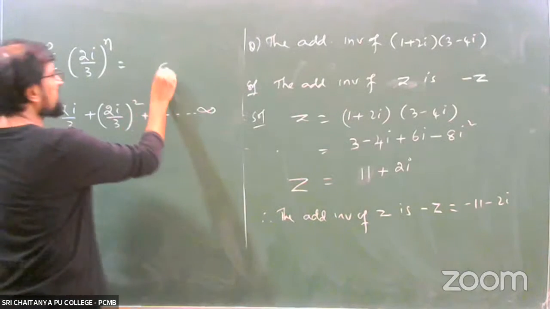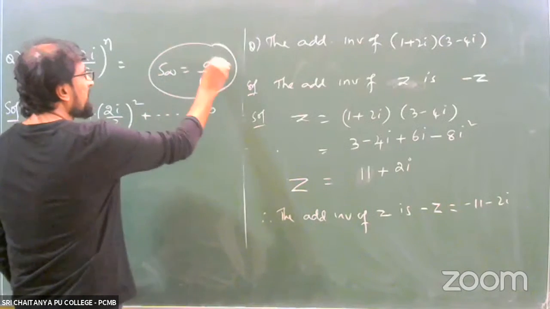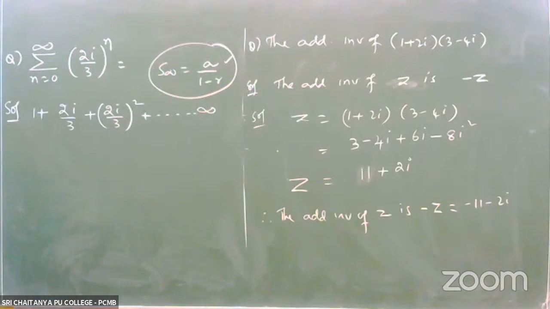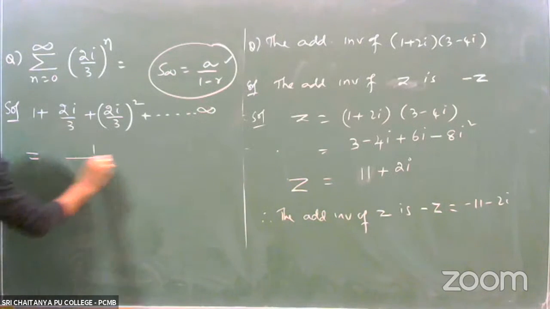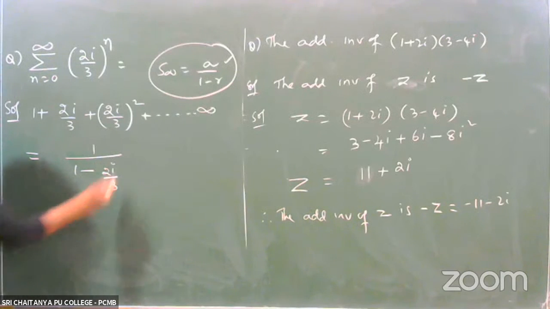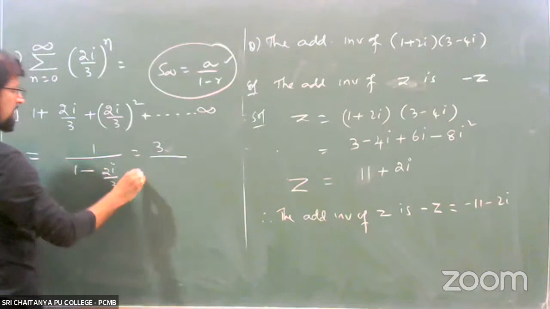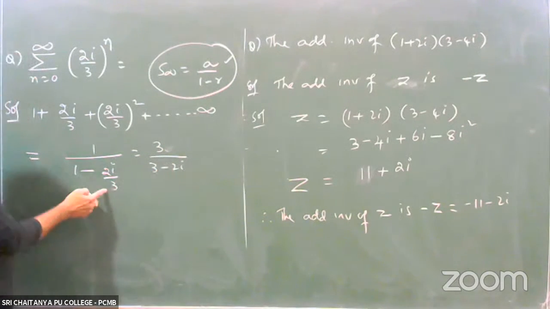S infinite is equal to a by 1 minus r, where a is the initial term, r is the common ratio. Which is equal to 1 by 1 minus 2i by 3, which is equal to 3 by 3 minus 2i, right?